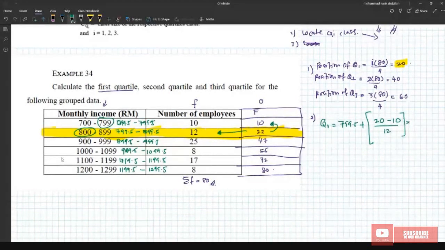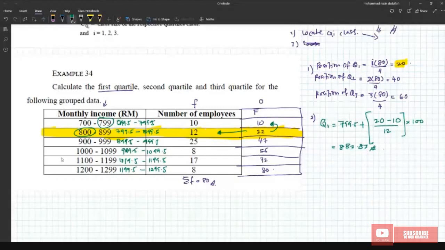The class size is 899.5 minus 799.5, which is equal to 100. So quartile number 1 is equal to 882.83. So this is the value of quartile number 1.